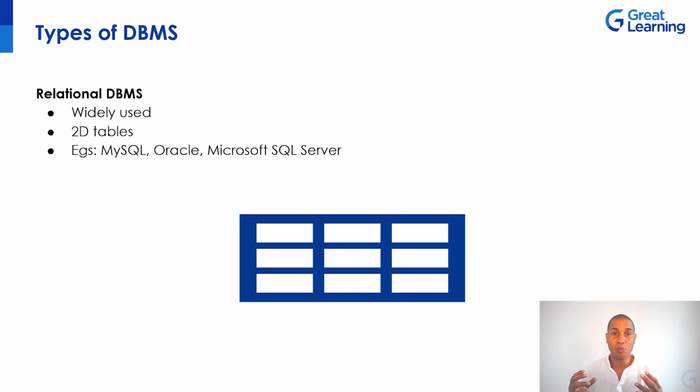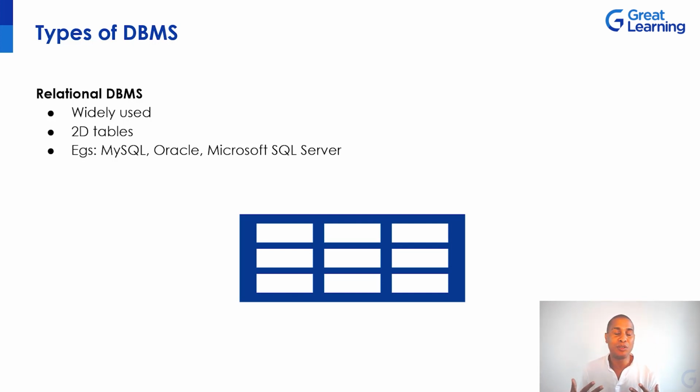Now we're going to get to the most widely used database management system, which is the relational database management system. This is where you're going to start hearing Oracle and MySQL and some of the other ones like Postgres, because this is a very basic, simple way to store data. We're looking at storing data in two-dimensional tables, which have a row as an observation or entity, and then the columns which divide those into dimensions or categories.